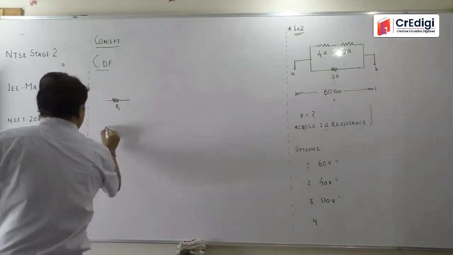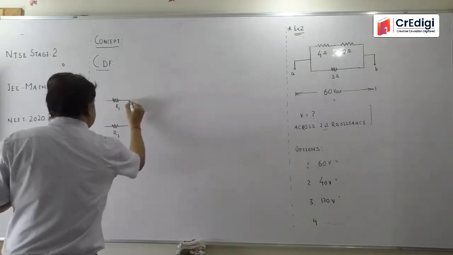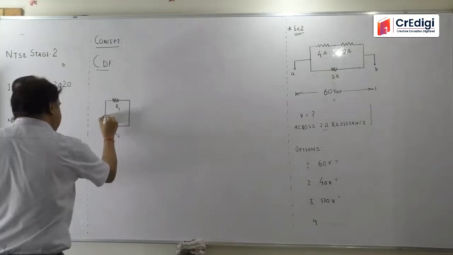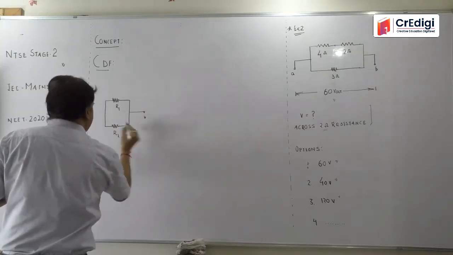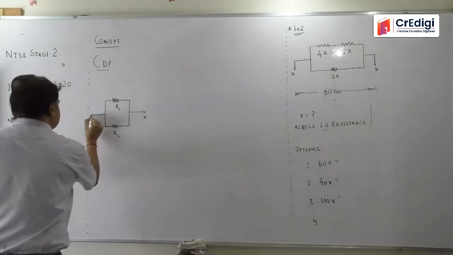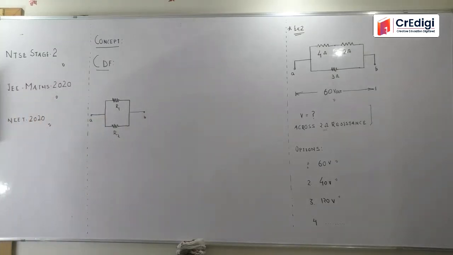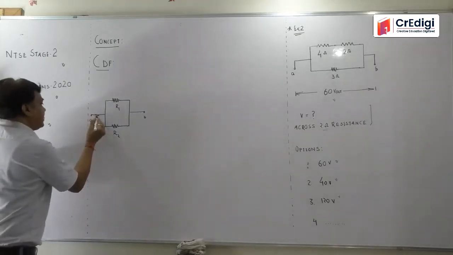One more resistance is there, let it be R2, and these two are connected in parallel. Be careful, these two are connected in parallel, with terminal 1 here and another one over here. Let the current which is entering the combination be I.